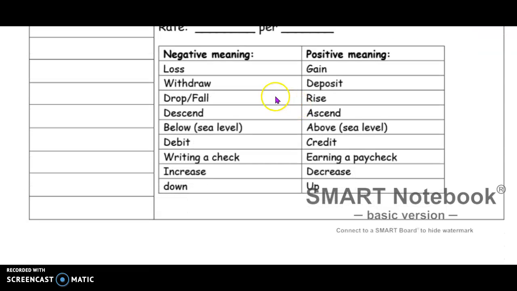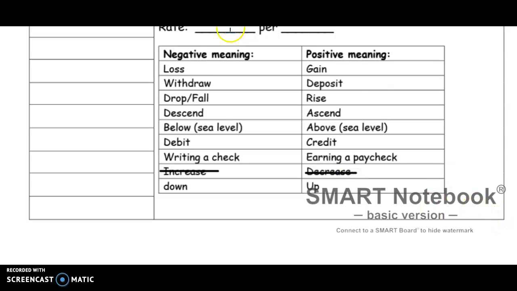So some different keywords that can indicate a negative: a loss, a withdraw, drop, or fall, maybe in reference to a temperature. Descending in elevation, so maybe a plane or a submarine is descending. Below sea level. Debit, writing a check. Increase, ooh, that's not negative meaning. That's not right. Cross that one out.